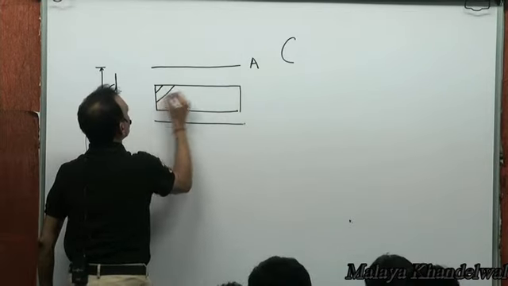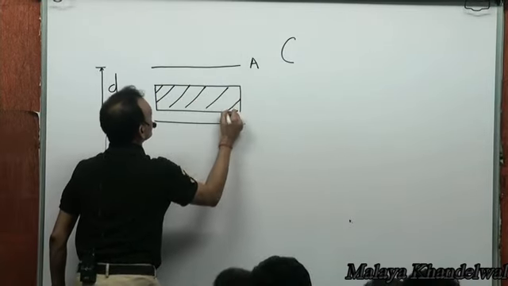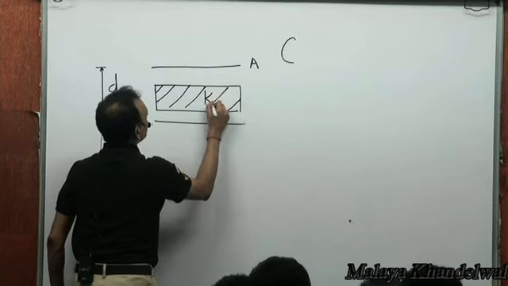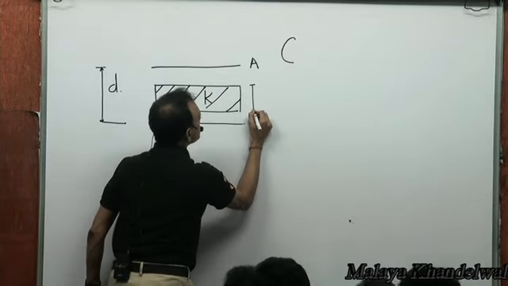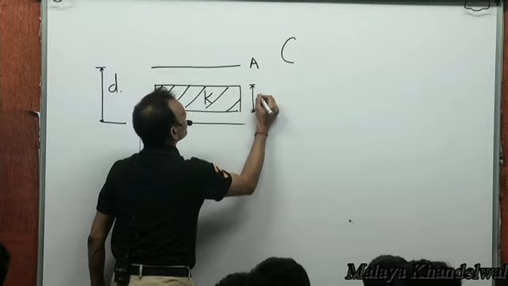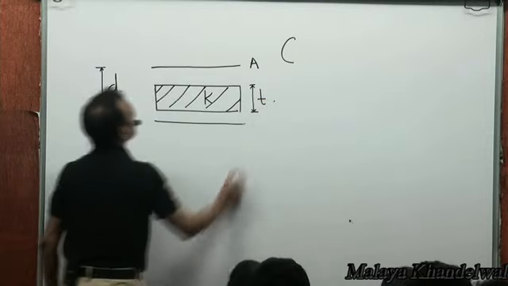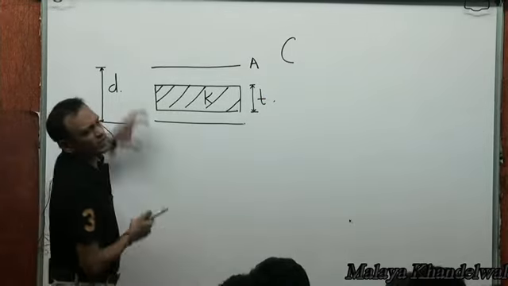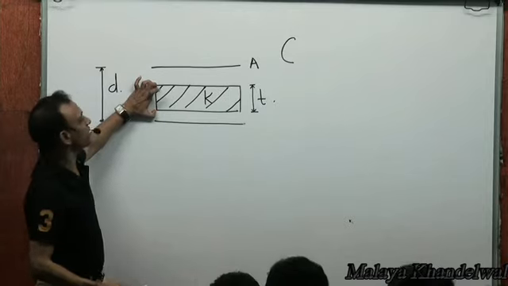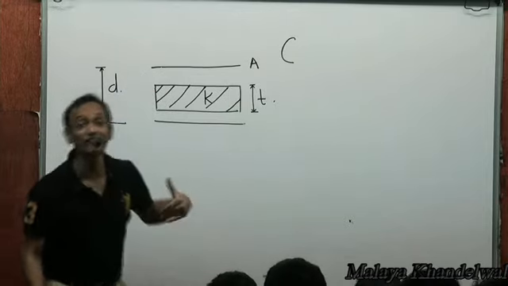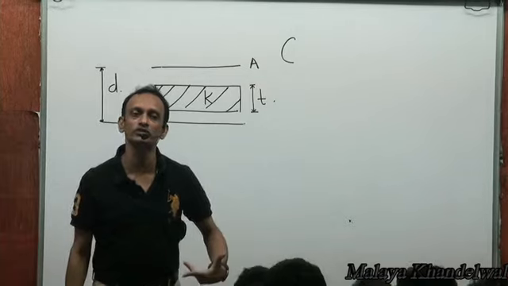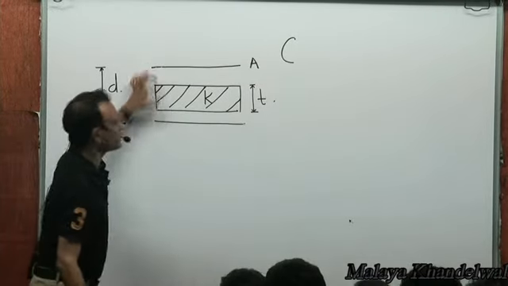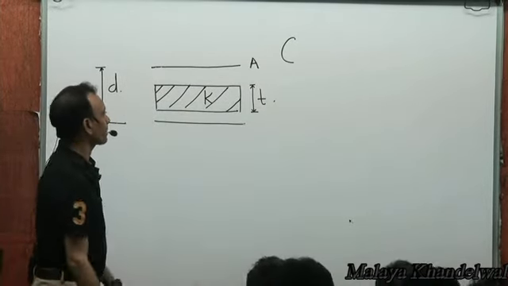This is a dielectric of dielectric constant K and of thickness T. So there is T units of a dielectric of dielectric constant K and D minus T units of air. The rest is air, D minus T units.